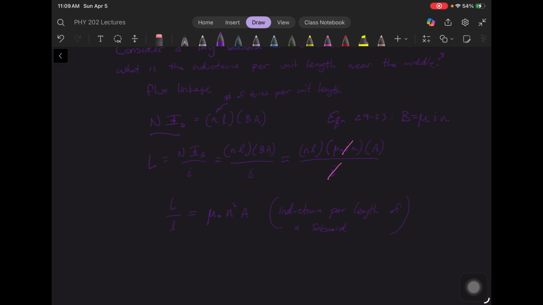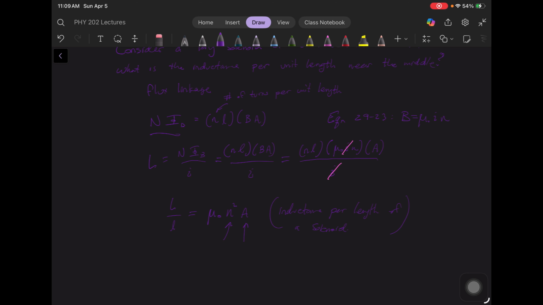If I come along and say, okay, now the solenoid's twice as long, it doesn't matter. That's not one of the interesting characteristics of a solenoid. The interesting characteristics are the area, how big it is, and then lowercase n, the number of coils per length. And so how tightly you wind it and how big the area is.